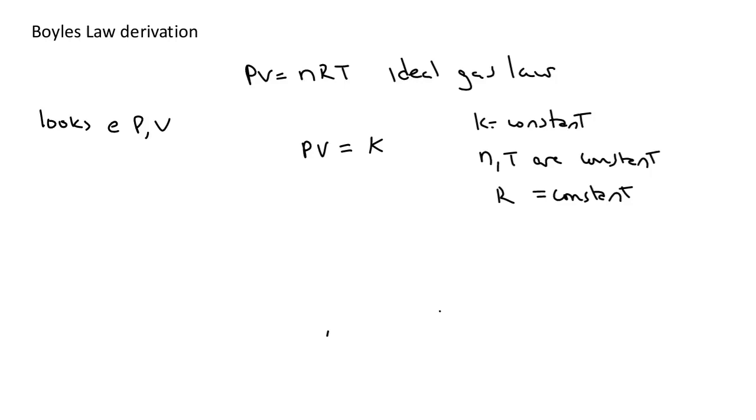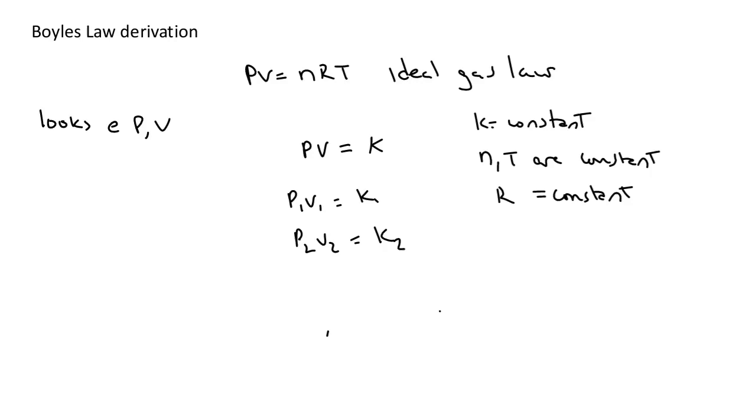So let's say I measure pressure and volume right now. I'm going to call that P1, V1 equals K1. And then I wait an hour and measure the pressure and volume again. So that will be P2, V2 equals K2. So values of pressure and volume at two different conditions.